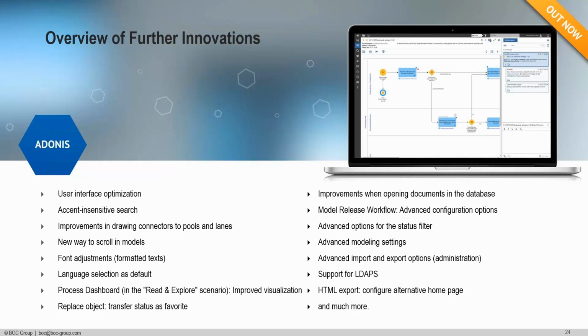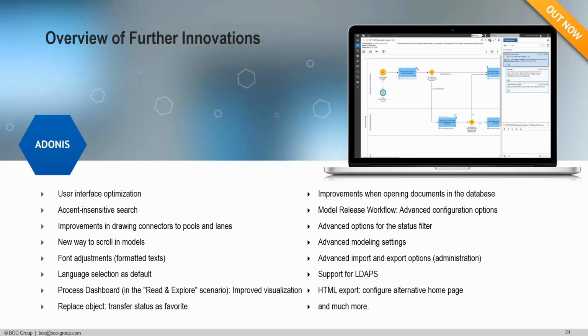So it's quick to see what documents are there and jump straight to the one that you would like to open. With the inclusion now of the document control, there are more options available in the state filter to filter the repository based on both documents and models and their associated release workflow states.